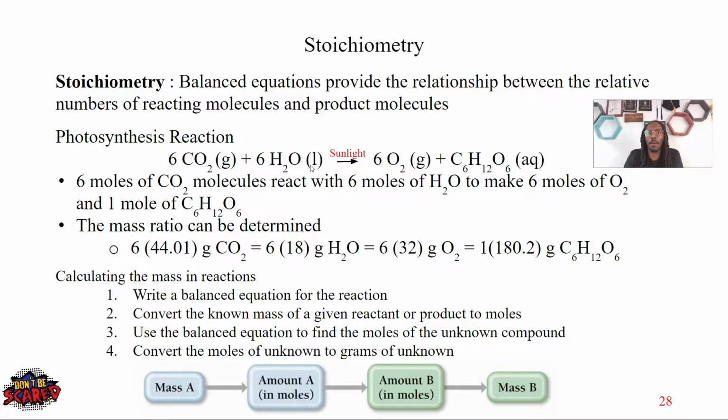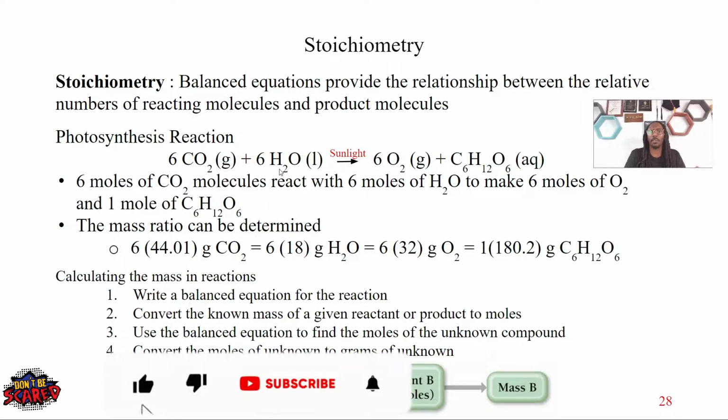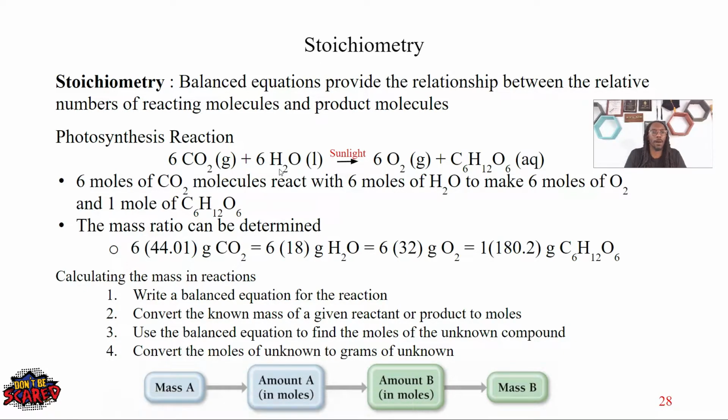Or how much fructose am I going to produce if you give me 10 grams of water? That's what stoichiometry is all about. We can figure out these different relationships using stoichiometry. So we don't necessarily have to do this reaction. We could literally do some math and do it itself.